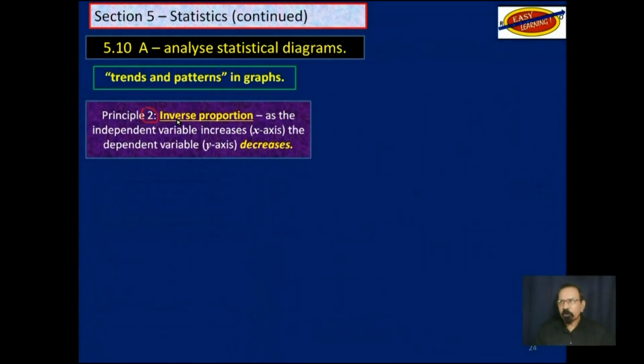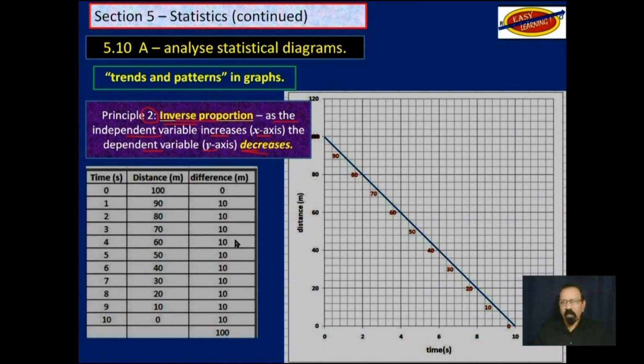Next, principle 2, inverse proportion. This time, as the independent variable increases, that is the x-axis, the dependent variable on the y-axis decreases. So as one increases, the next one decreases. So it is inverse. So we look at this graph here.